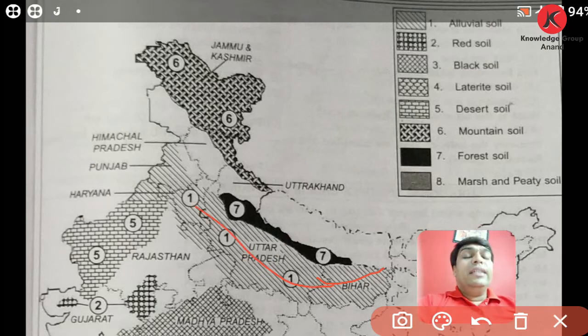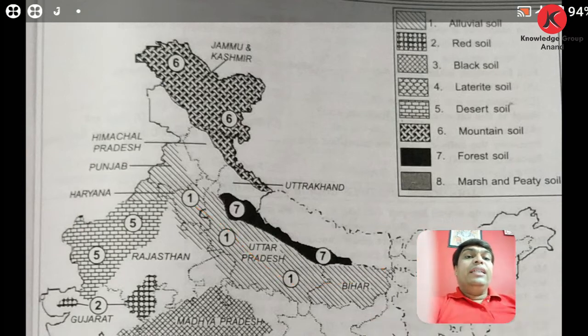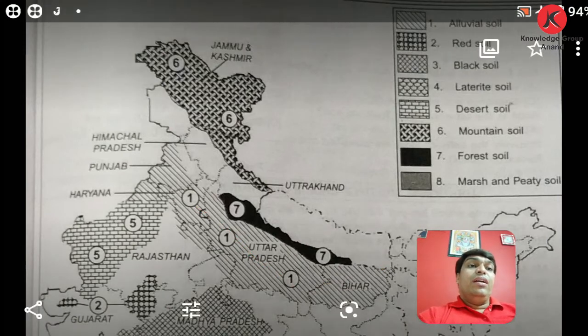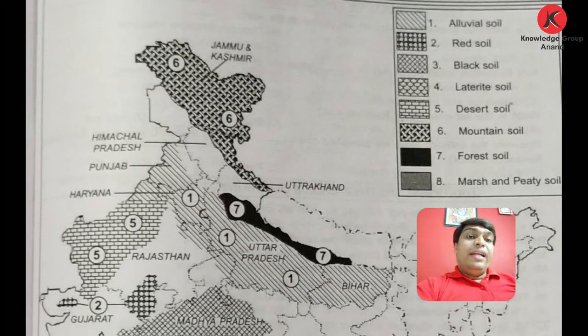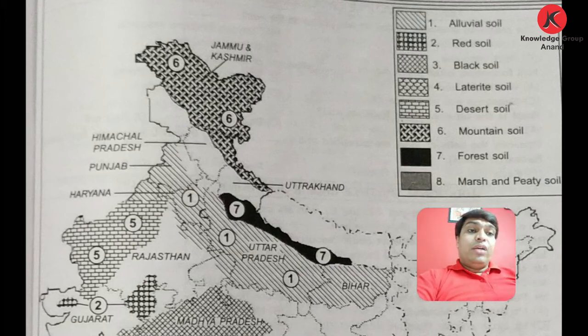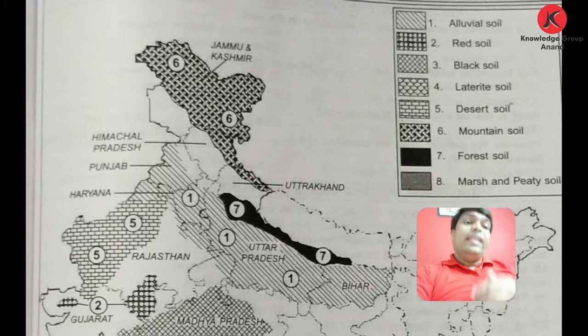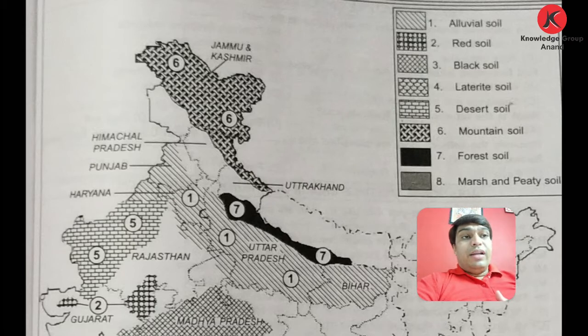We can also clearly find this alluvial soil in the delta regions of the Mahanadi, Godavari, Krishna and Kaveri rivers. Crops like wheat, paddy, sugarcane, jute, cotton, maize, oilseeds, etc. can all be grown in this alluvial soil.